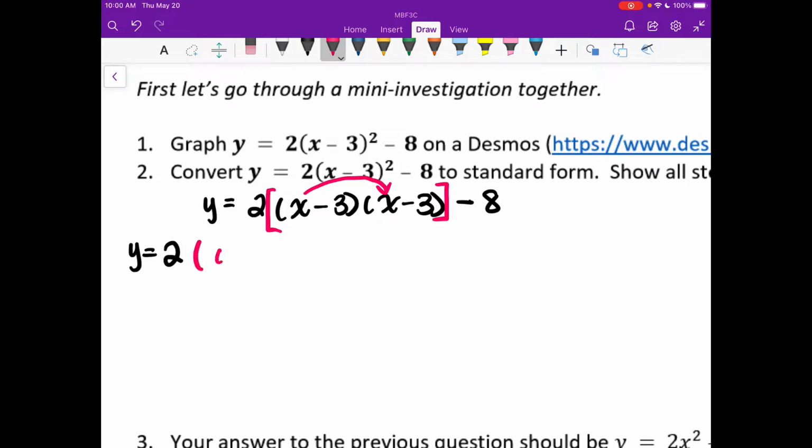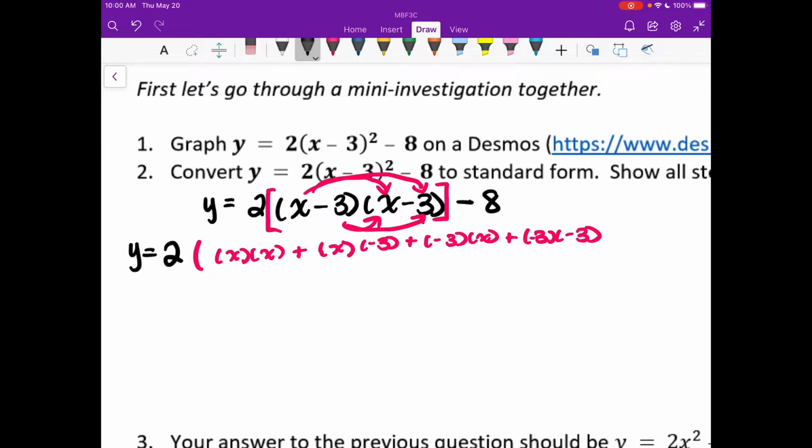So I'm going to do x times x, plus x times negative 3, then negative 3 times x, and then negative 3 times negative 3, close my bracket, minus 8.